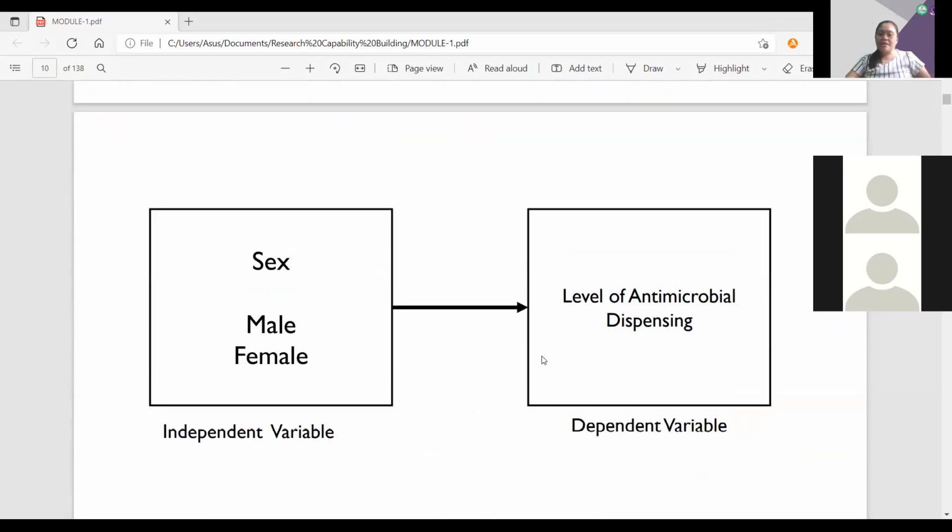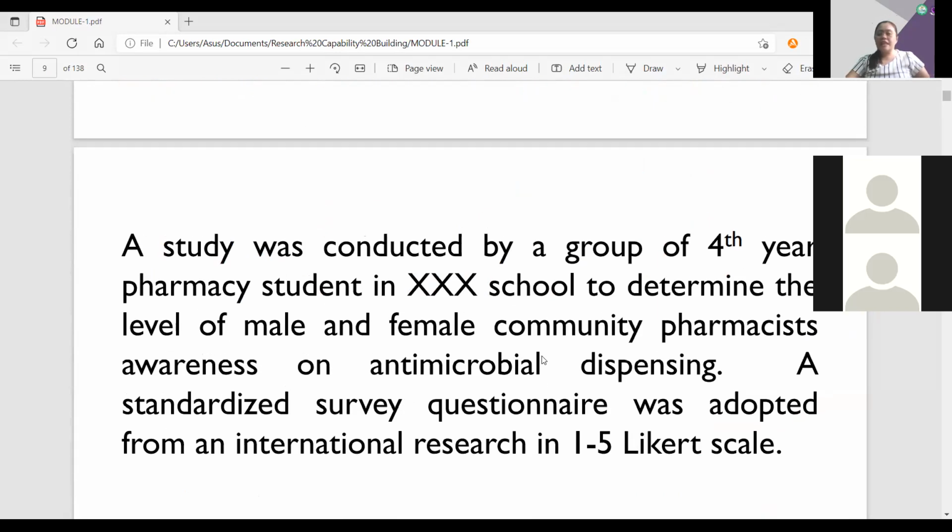Now, let's summarize. When do we use the independent sample t-test? Number one, if we are comparing two groups only. We are looking for the significant difference between two groups. Okay? Number two, since t-test is a parametric test, we have to satisfy a lot of assumptions. So number one, if the data is normally distributed.